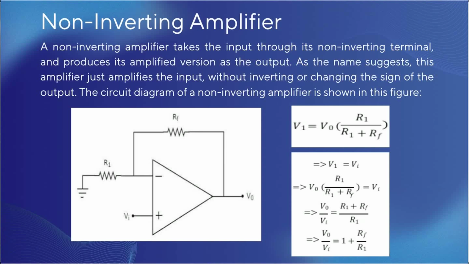Now, the ratio of the output voltage V0 and the input voltage Vi, or the voltage gain of the non-inverting amplifier, is equal to 1 plus Rf by R1, where Rf is the feedback resistor and R1 is the resistance applied to the inverting terminal. Note that the gain of the non-inverting amplifier has a positive sign, so it indicates that there is no phase difference between the input and the output voltage.